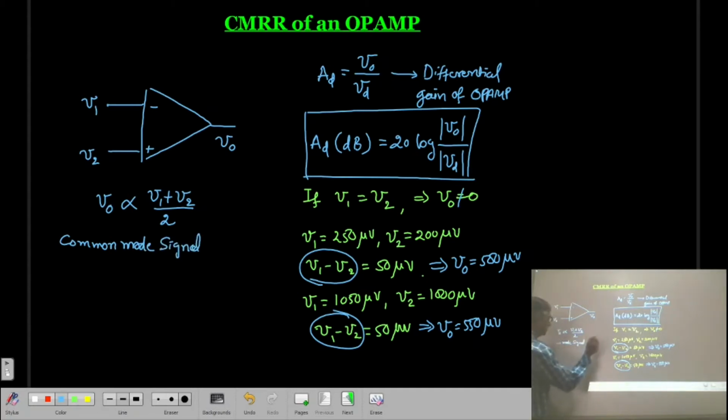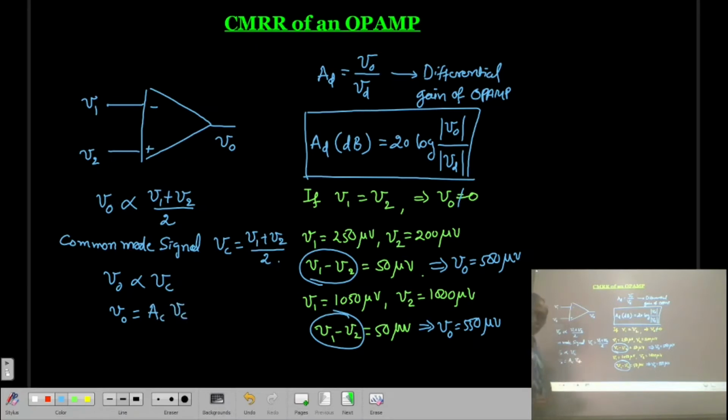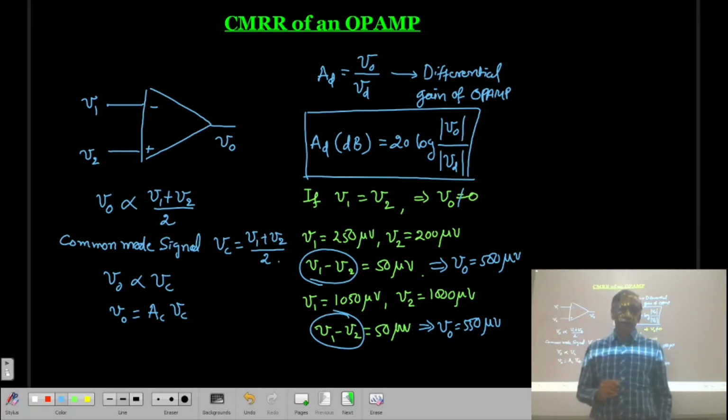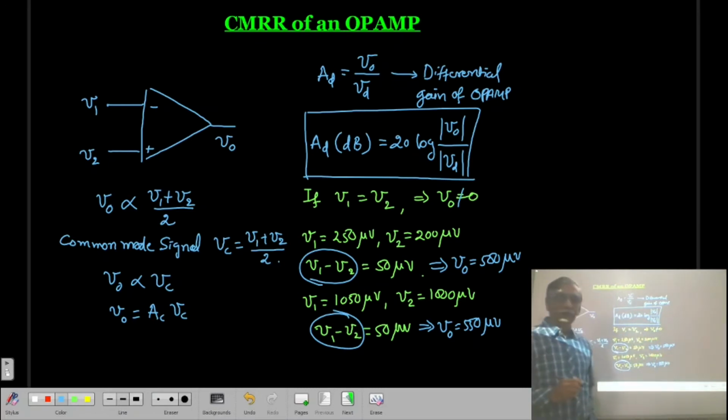It is known as a common mode signal and represented as Vc is equal to (V1 plus V2) divided by 2. Correct? So, here we can write that the output voltage is proportional to Vc, and if we write a proportionality factor, then the output voltage is equal to AC into Vc, where AC is known as the common mode gain of the amplifier.